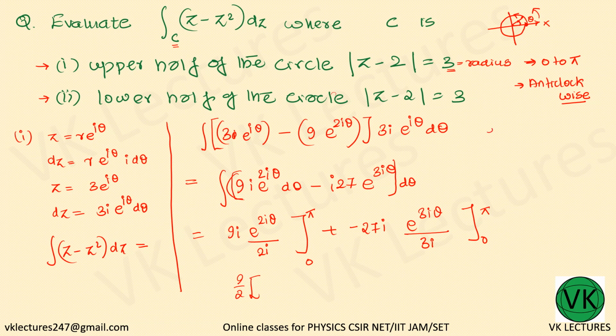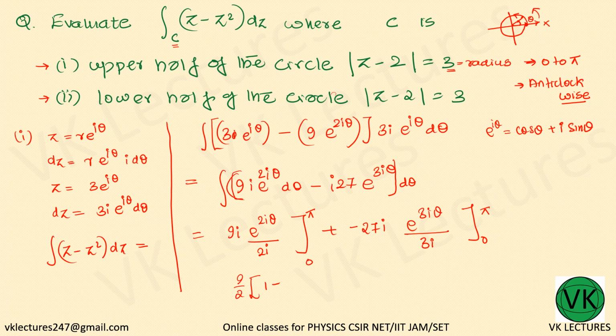Why? e to the power i theta means cos theta plus i sin theta. The theta term is pi, the sine term goes to 0, so cos 2 pi is 1.